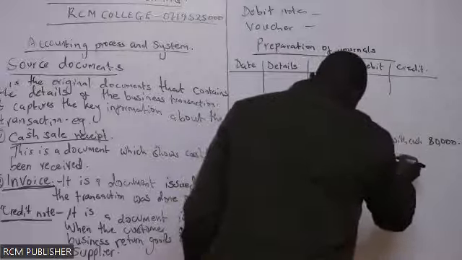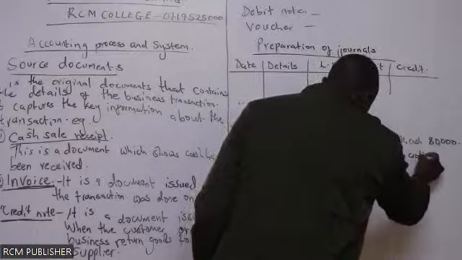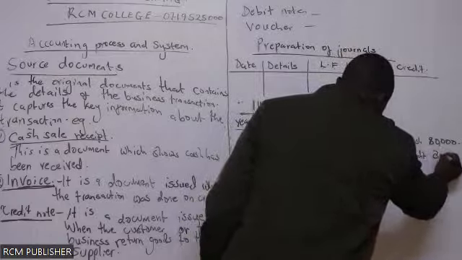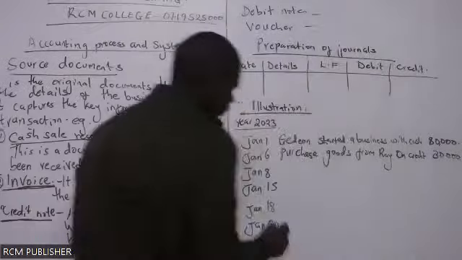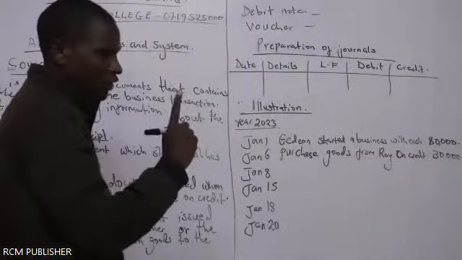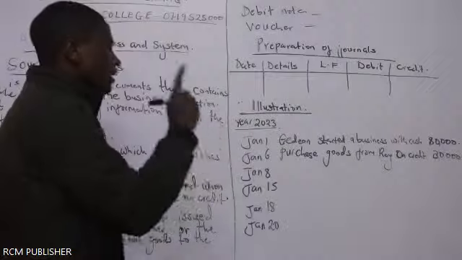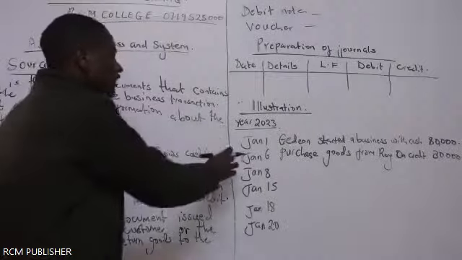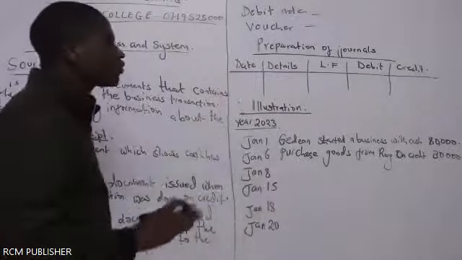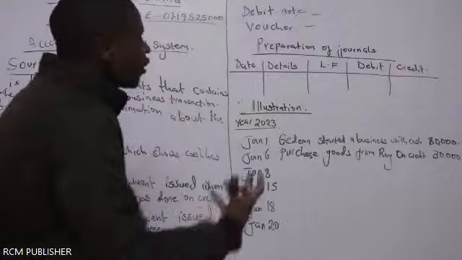Na hizo goods zitakuwa on credit, worth maybe 30,000. This business belonged to Gideon. I want you to get this. Now Gideon has purchased on January 6th goods from Ray on credit.